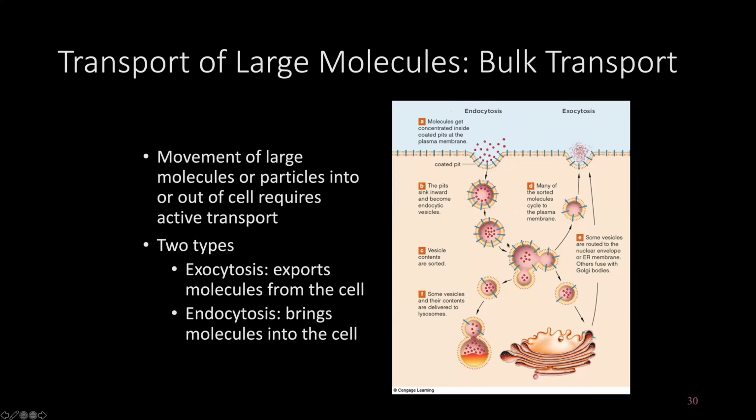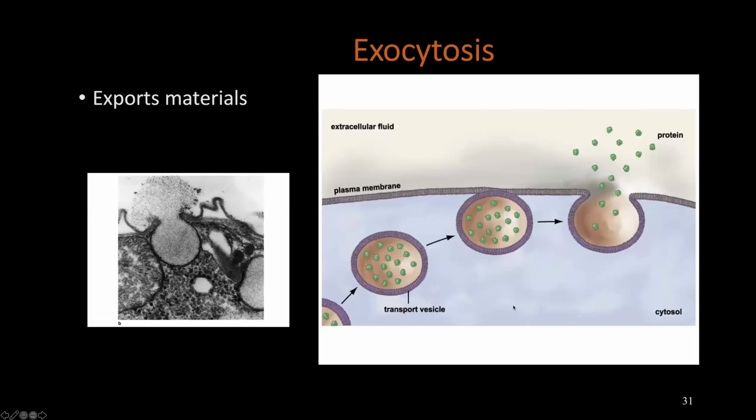If the cell wants to get rid of something, it can make a vesicle which moves to the membrane and fuses to the membrane and then is expelled. Exocytosis is the expulsion of substances.